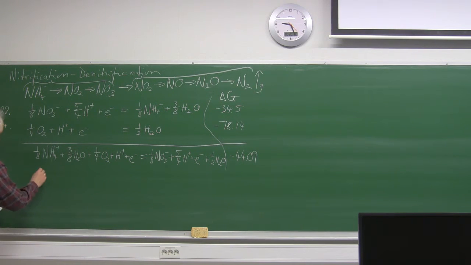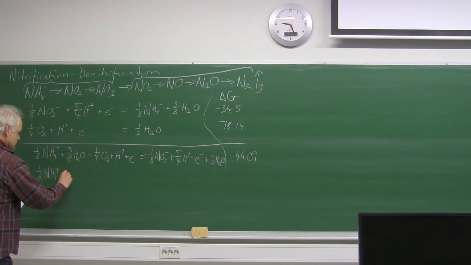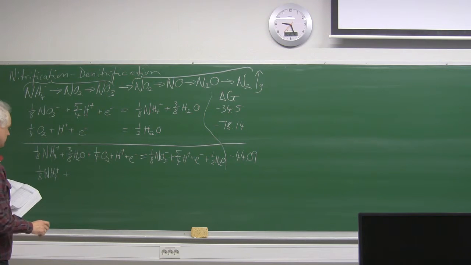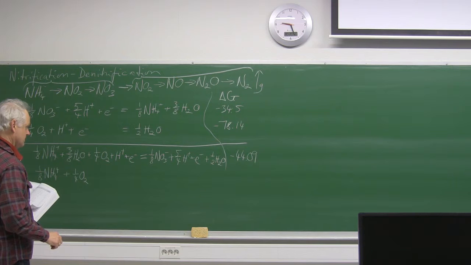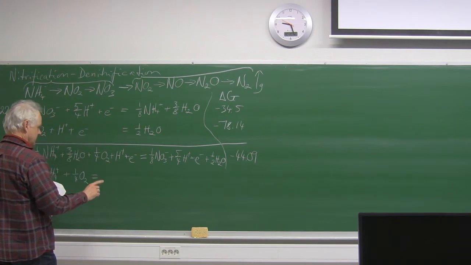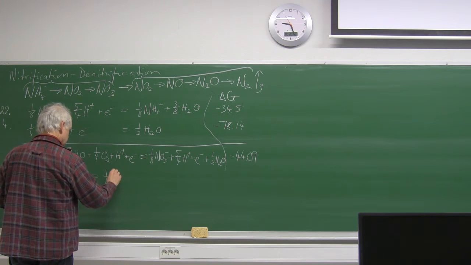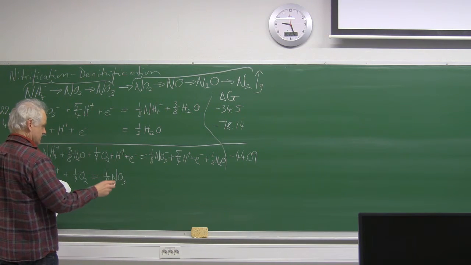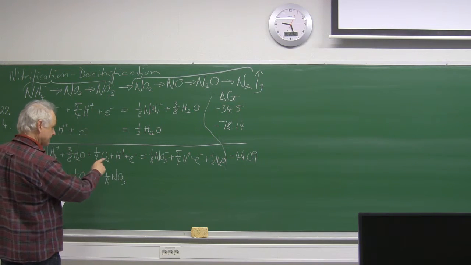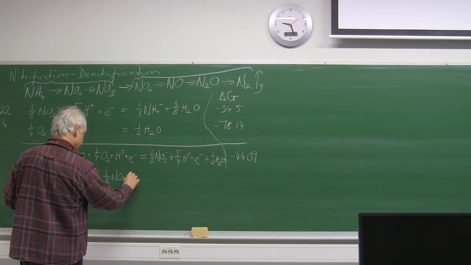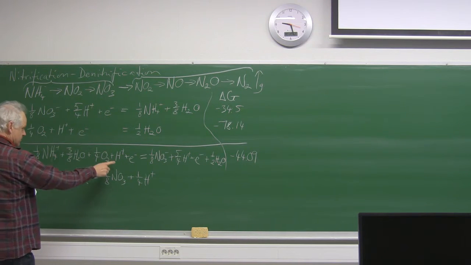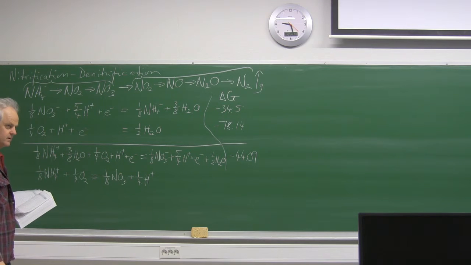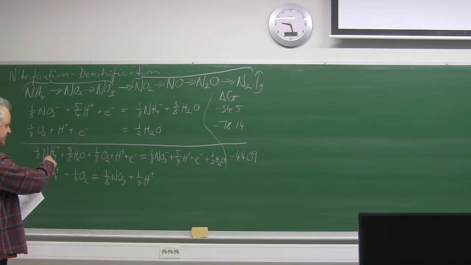We can merge a few things, and in the end, we end up with 1/8 NH4 plus 1/4 oxygen equal to 1/8 NO3, and then we have a little surplus of protons, so we have plus 1/4 H plus, right? 5/4 plus 1 or minus 1, so then we have 1/4, and how much water? 1/8.